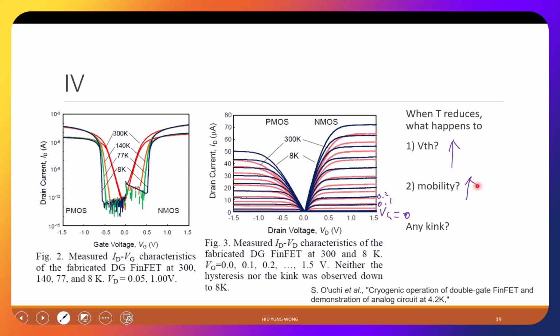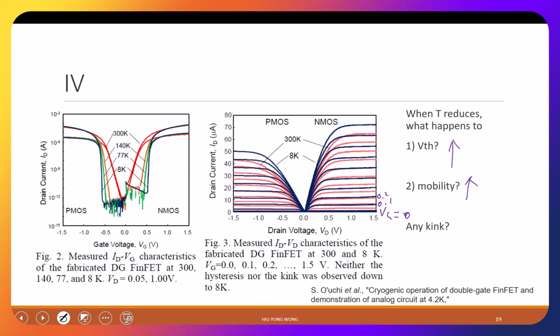Because each of these curves is for fixed VG. Can it be that the threshold voltage becomes lower, that's why the current goes up? No, we just said that the threshold voltage goes up, instead of going down. So the threshold voltage goes up and the current still goes up, then is it the capacitance that goes up? Probably not. So the only thing is the mobility goes up.